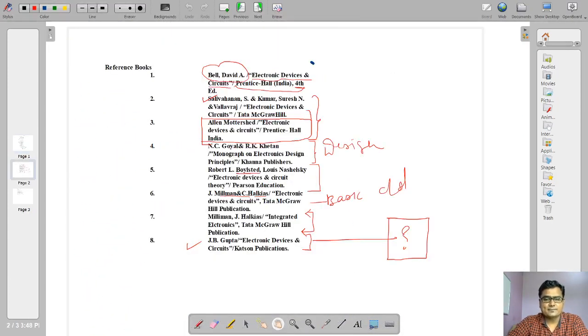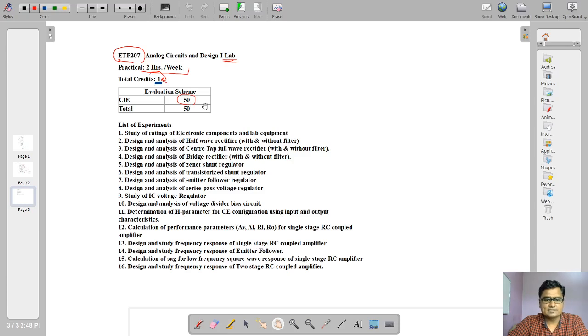So CIE is 50 marks. It means the total marks that you will get is 50 marks. And there is an external practical oral. External practical exams are there for this subject. It means this ETP203 holds an external practical exam.